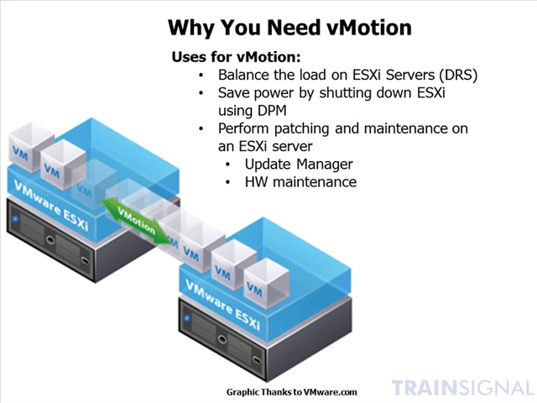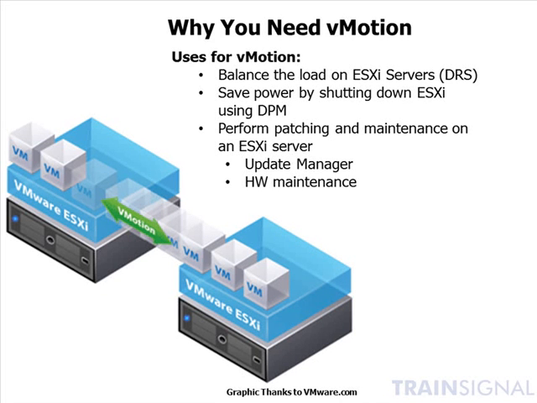vMotion is also a very powerful feature to use whenever you need to install patches on an ESXi server or to perform physical server hardware maintenance. You can evacuate, that's what it's called, evacuate all the virtual machines from one ESXi server. Those will be automatically relocated on other ESXi servers when you put an ESXi host into maintenance mode.